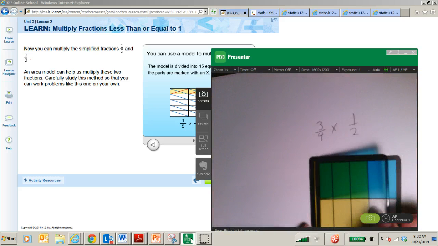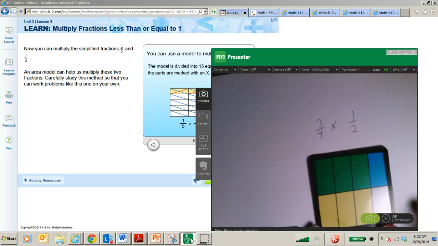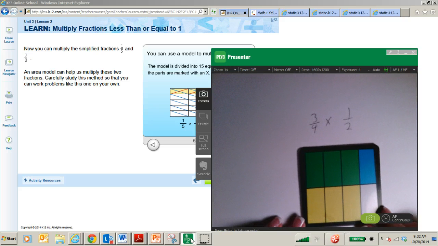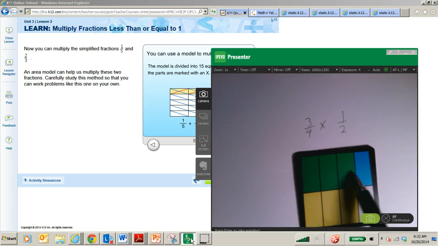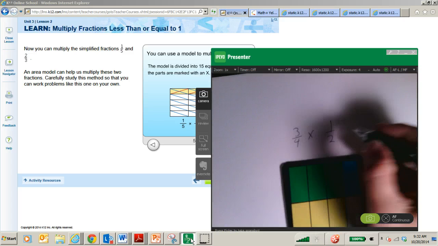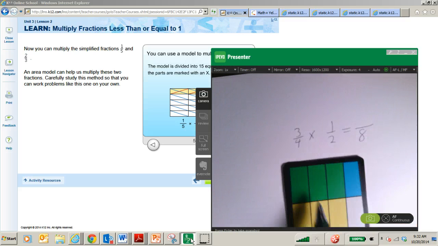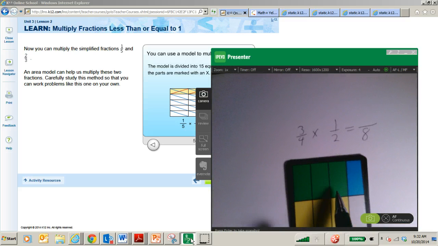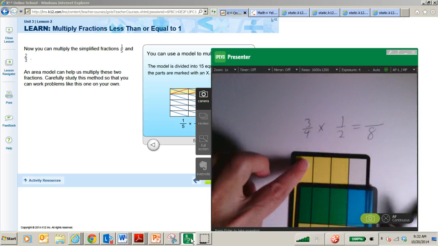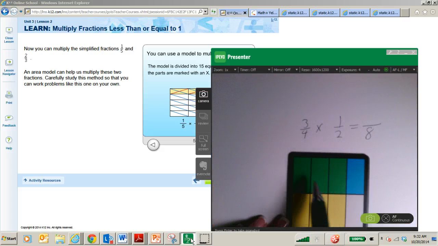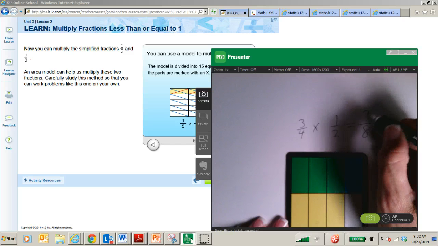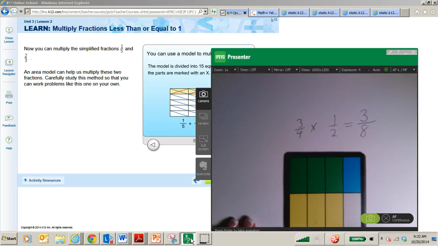If I only want half of 3/4, I can lay those over, and you can see where they overlap because my blue and yellow turn to green. When I count all the pieces, I have 4 and 4, or 8 total pieces. And how many are overlapped? When I have my yellow and my blue that turns green, you can see that I have 3 of the 8 pieces, or 3/8.